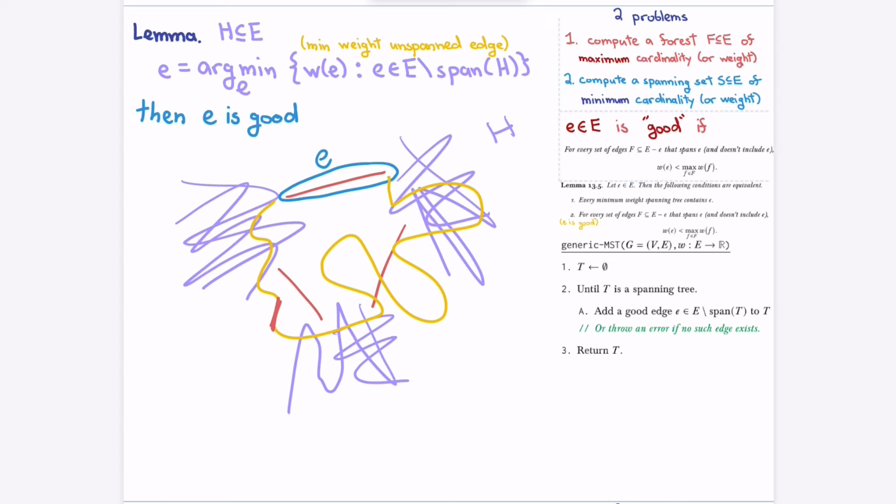what possible algorithms might this suggest? We can use this lemma to try to make an algorithm, because it gives an easy way to argue that if I choose this edge, it's safe. It's a good edge.